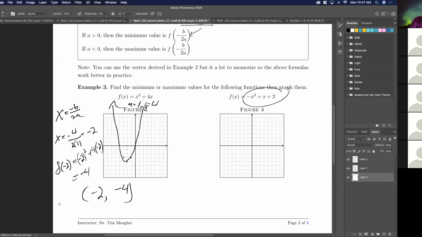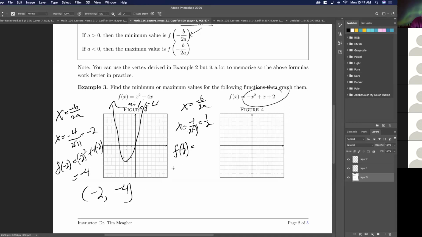Here, once again, we can crunch through this quickly. We can just say x is equal to minus b over 2a. So in this case, a is negative 1, b is 1. So here I'll have x equals minus 1 over 2 times negative 1, which of course is just a half. And given a half, I can then plug f of a half in.